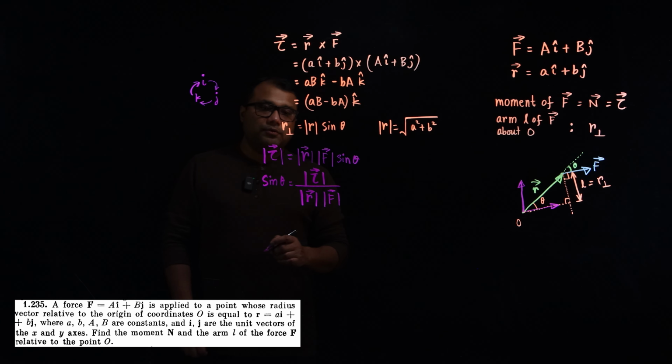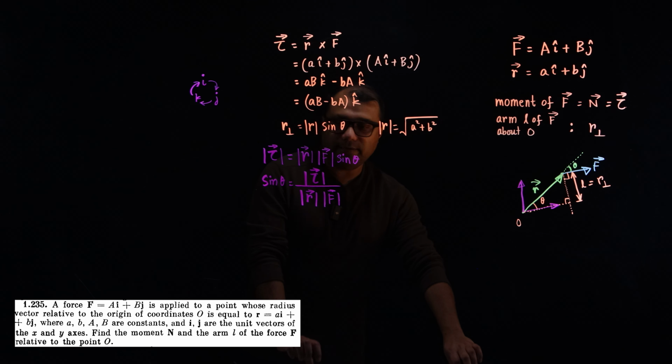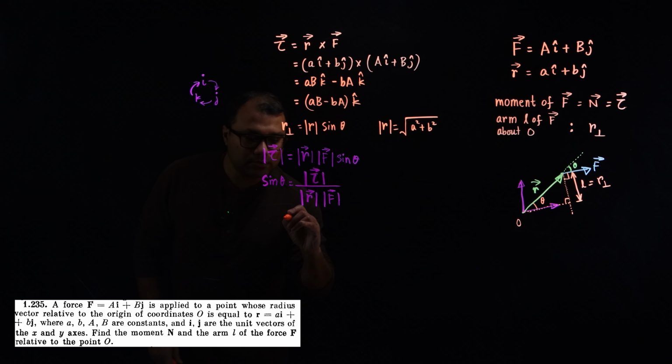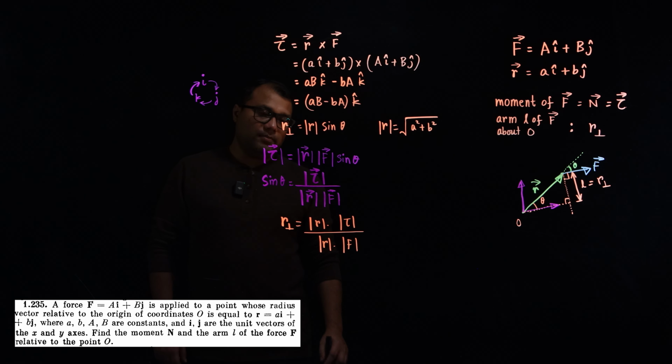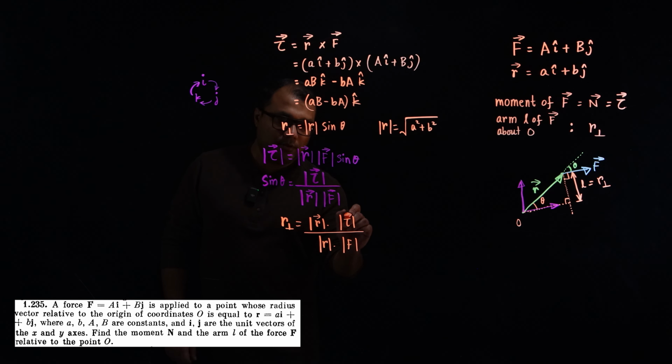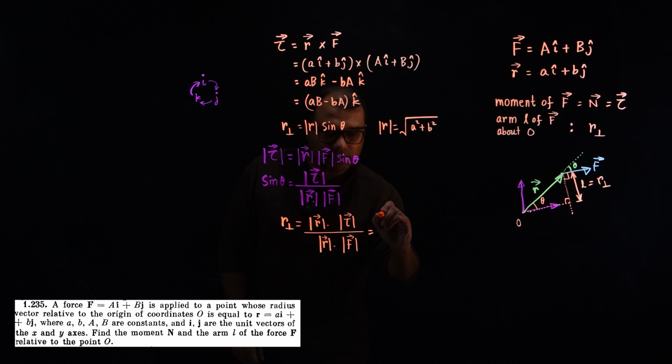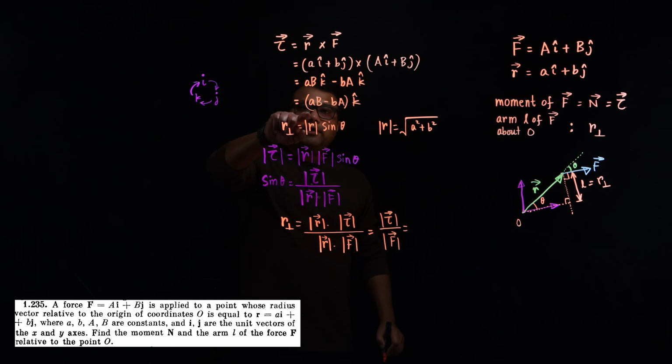Now we'll substitute the values. So coming back to this, R perpendicular, or the arm that we are trying to find out, is mod r sine theta. So mod r sine theta is mod tau divided by mod r times mod F. I omitted the vector signs, but let's put that back in. So this and this get cancelled. So this is mod tau divided by mod F. Now tau we already calculated.